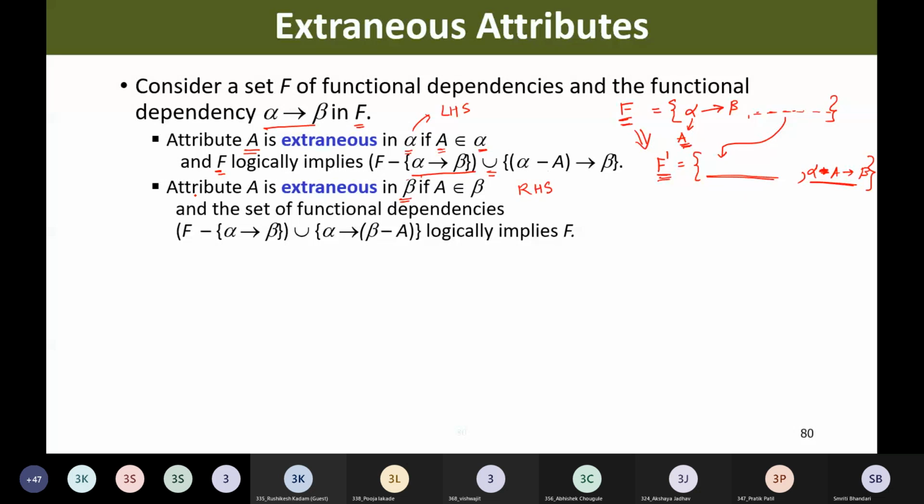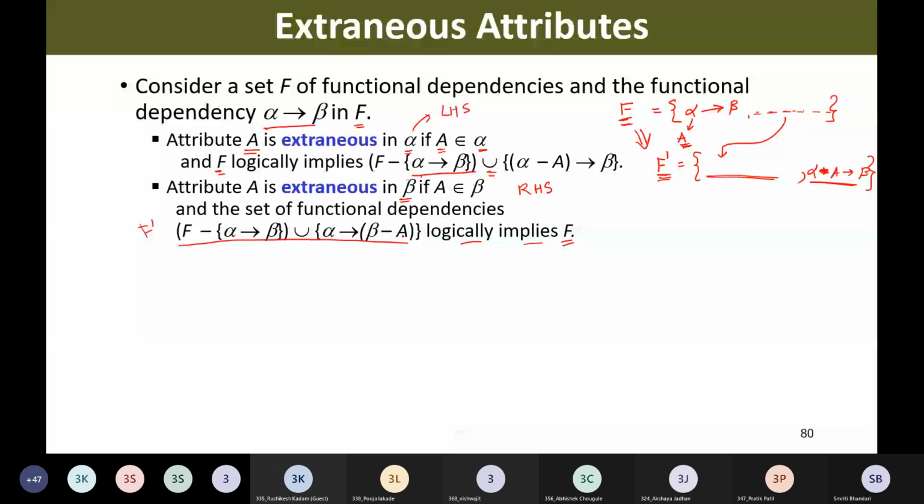On similar lines, this new set is computed as F minus alpha determining beta union alpha determines beta minus A. So simply by omitting this attribute A from the concerned dependency, whatever we get is our new set.